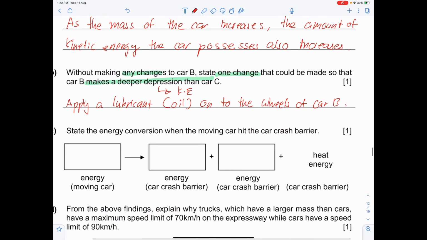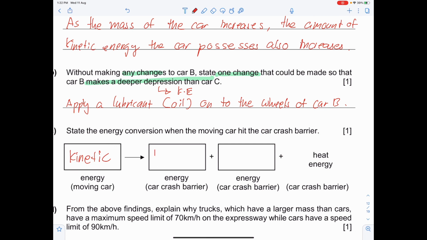Next, state the energy conversion when the moving car hit the car crash barrier. So the first thing is the word moving would have been a very strong signal to you that the first energy here must be kinetic. There is nothing else because they did say it's moving already. Then when it crashed into the barrier, there is movement, it actually changes the shape. There's some movement within it.